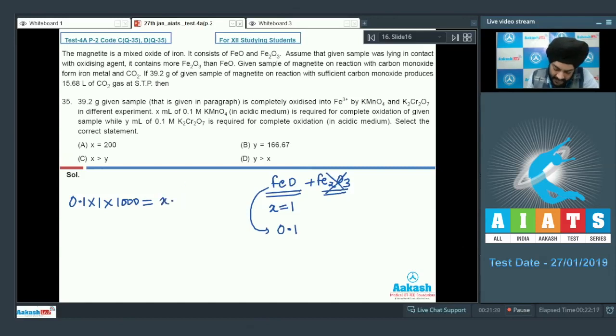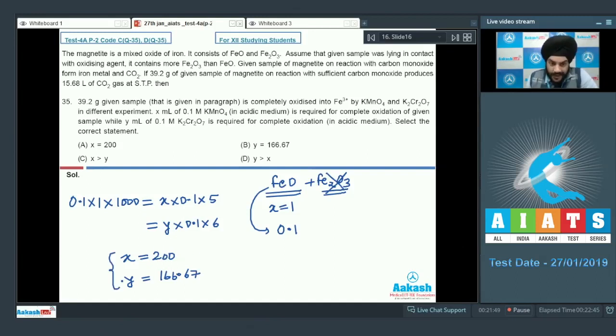So this shall be equal to X into 0.1 into 5, which is the N factor of KMnO4. And this shall also be equal to Y into 0.1 into 6, which is the N factor for K2Cr2O7. So in solving this system of equations, we're going to have the value of X equal to 200. And if we solve for Y, we're going to have the value of Y equal to 166.67.